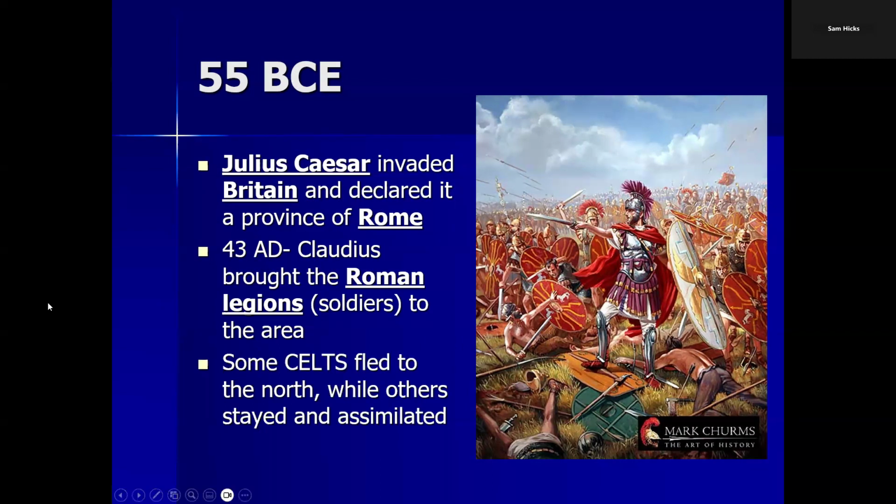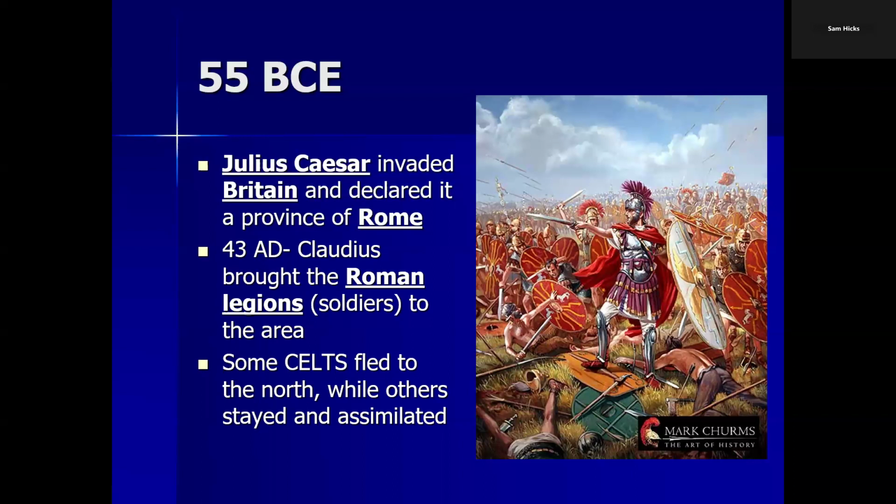Now, these Roman legions were known to be cruel. So some of the Celts ran away. They fled up to the north to get out of the way. And some of them just stayed and assimilated.